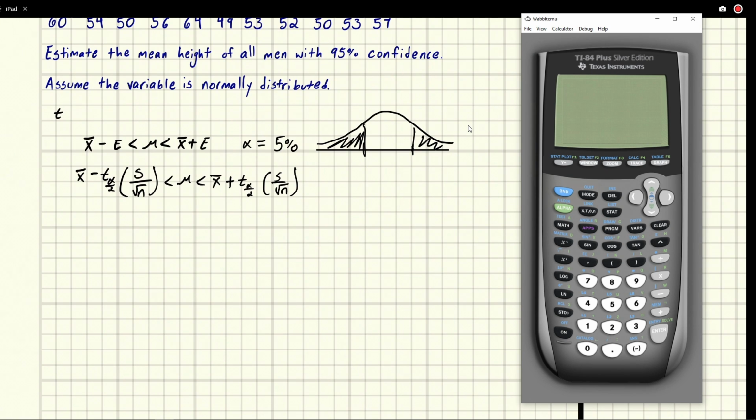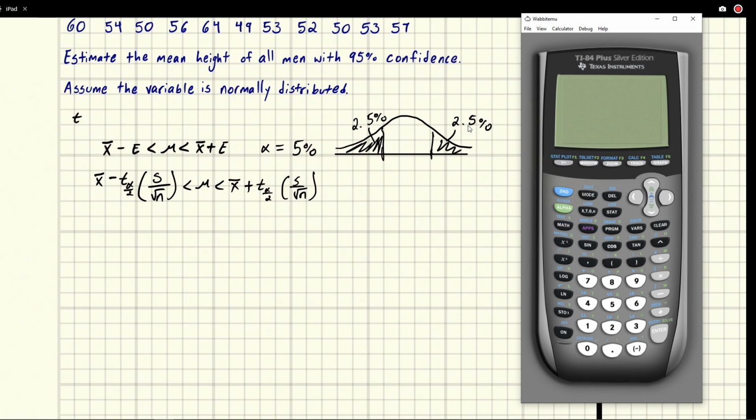These don't look very symmetrical, but pretend they're the exact same on both sides. This has 2.5% of our alpha, and this has 2.5% of our alpha. So there's a chance that our estimate is wrong, that it's out here in this black region, but it's not very high. It's only a 2.5% chance above and below, so 5% total. And this is why confidence intervals are always two-tailed.